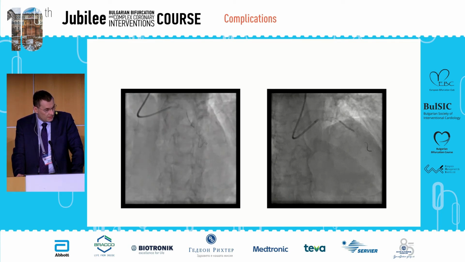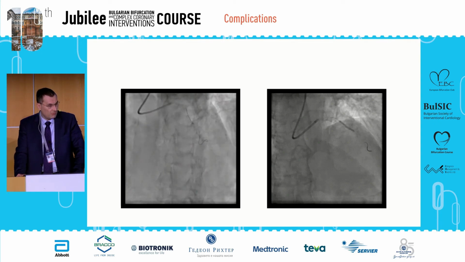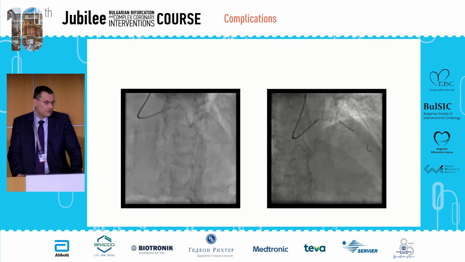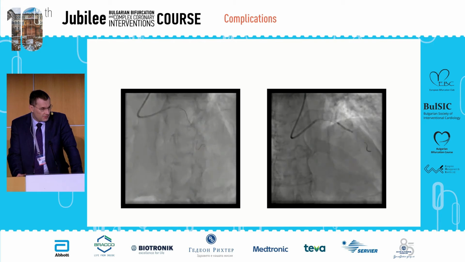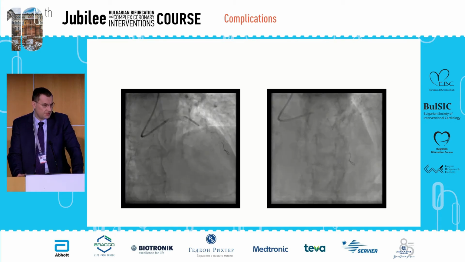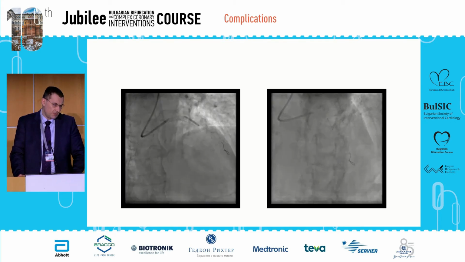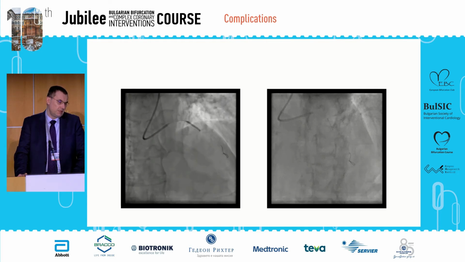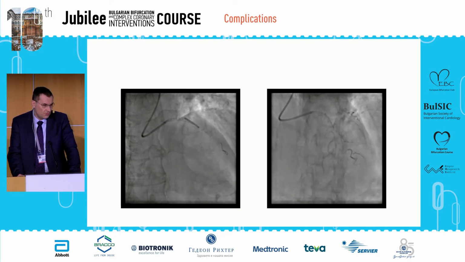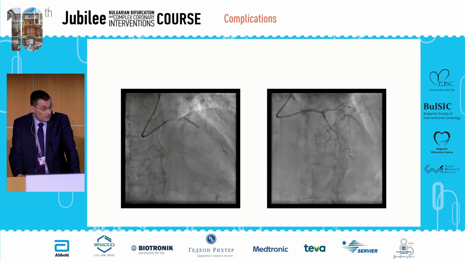However, despite a lot of attempts with different wires, it was not possible to cross the lesion into the LAD. This is Medina 110. Even after balloon dilatations of this critical proximal LAD, it was not possible to go into the LAD.